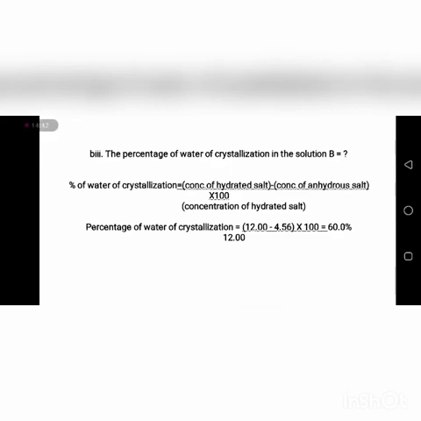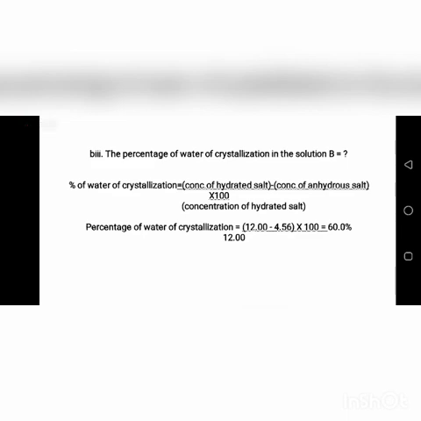So percentage of water of crystallization is equal to the concentration of hydrated salt we have been given, 12 grams, minus the concentration of anhydrous salt we have calculated to be 4.56, times 100, and everything divided by the concentration of hydrated salt, which is also 12. Percentage of water of crystallization is now equal to 60.0%.